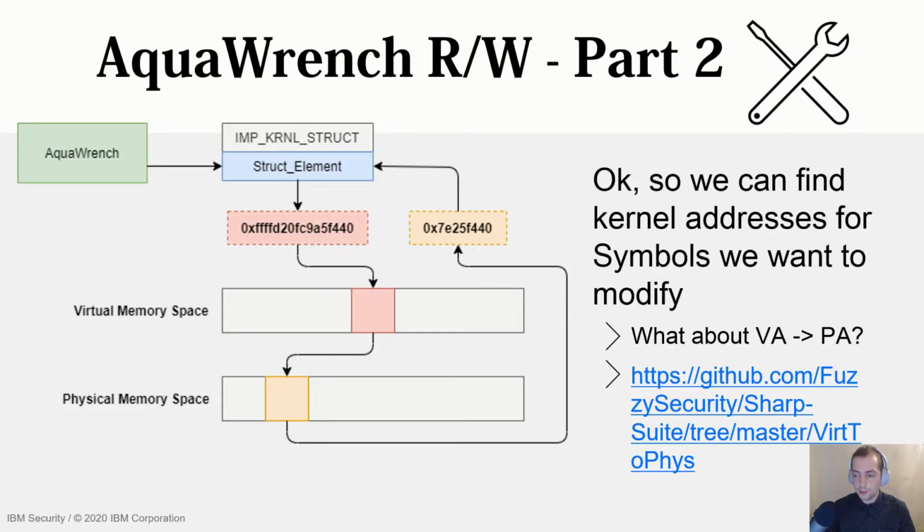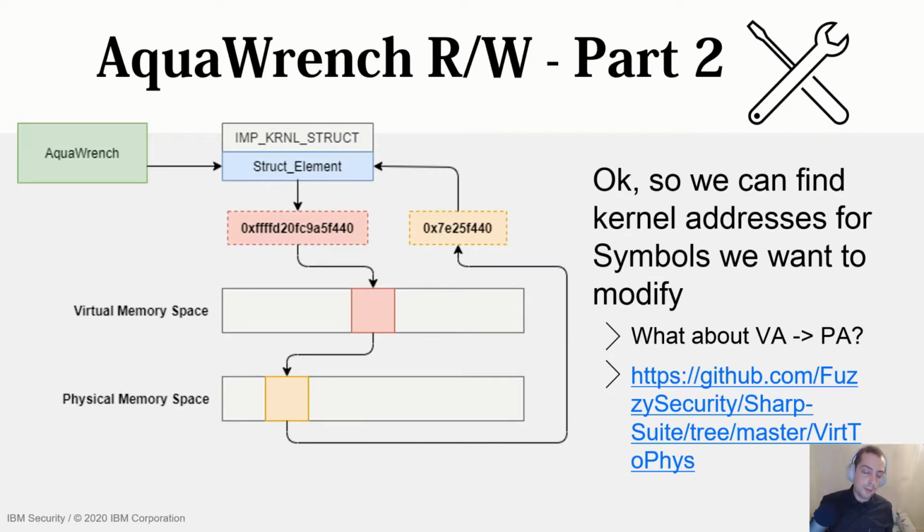So you can have a look at the intricate details if you want. But essentially what we do here is that we were able to calculate this address in the red block from the previous step. So that gives us some location in the virtual memory space. And then to find the physical address, we have the driver allocate a bunch of memory at the lower end of the physical memory space, maybe like 10,000 hex bytes.